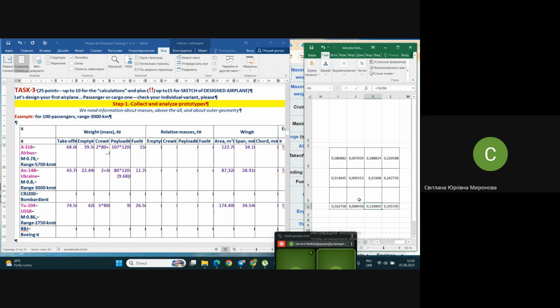Why? As I already said, it was an old one. And for the same range, it will use a heavier engine because engines were not so perfect as now. For the same range, it will use more fuel again because engines less perfect, they eat more fuel, even considering the same type of engine. And so on. There are a lot of reasons, and this one is outstanding by some values because it's the old one.